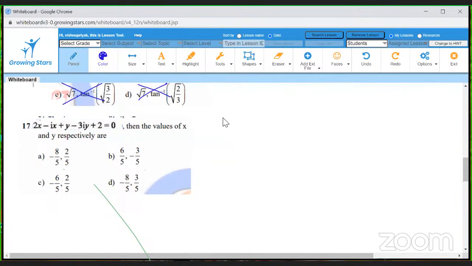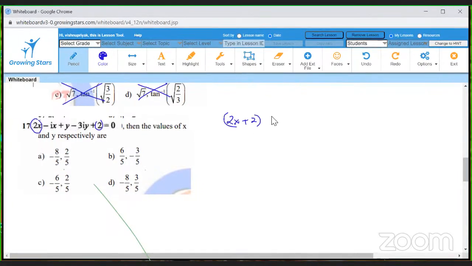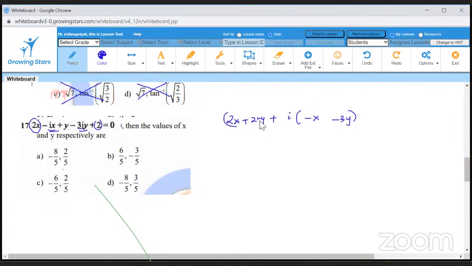So I will take the ones which are not having i's, 2x and 2, real part. Then imaginary part, I will take i common, minus x minus 3y. This one and this one. y is left off. It is not having i. So y also I will include in the real part. The other side I have 0 plus 0i.